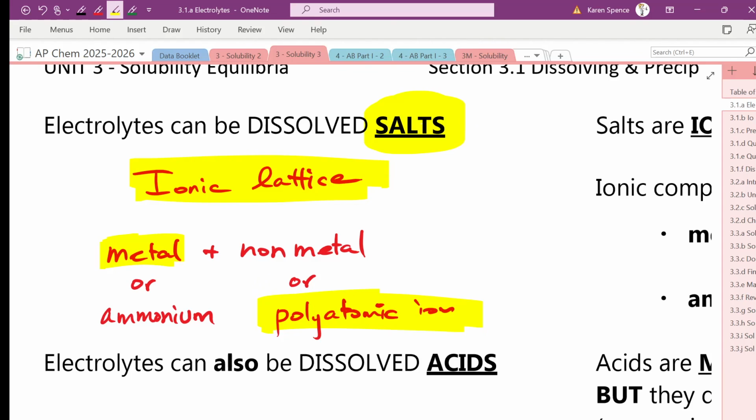It doesn't start with a metal either. So it's not a salt. It's not an acid. Base. Can you please tell me a base that is an ionic lattice that is a metal plus a polyatomic ion? Lithium hydroxide.